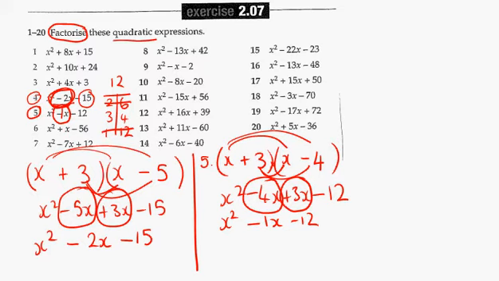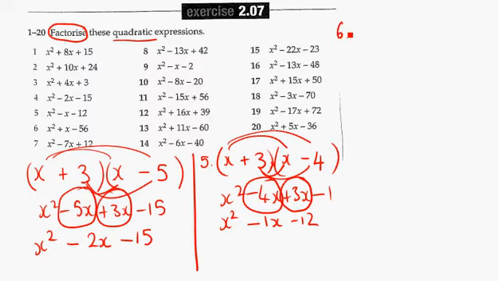Now number 6 is a fairly challenging one as well. So if we have a go at number 6, we'll have a go up here. Looking at number 6: 3 terms, x squared term, x term, constant term, double bracket, quadratic.